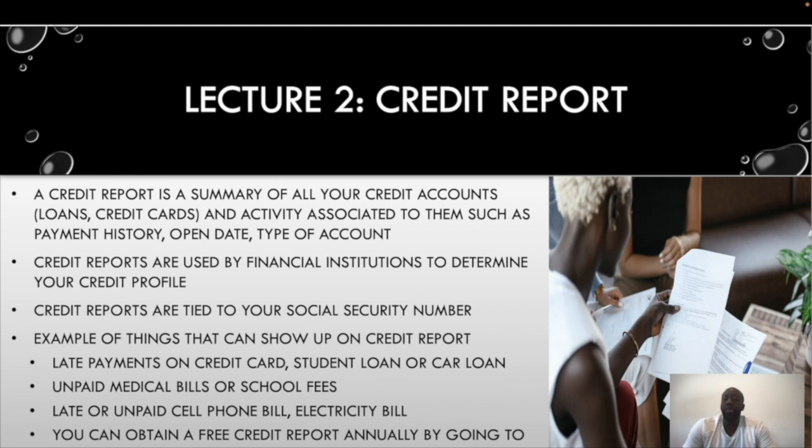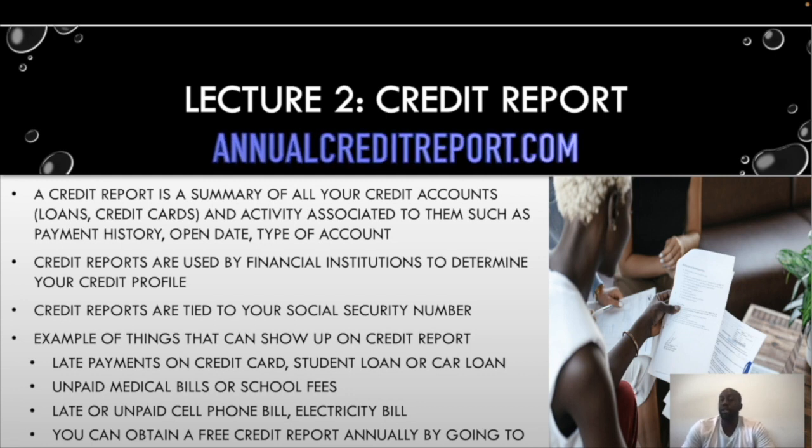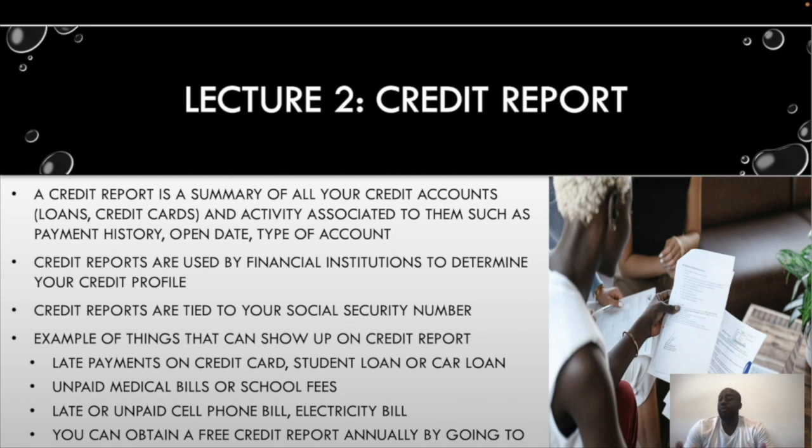In most cases, you can obtain a free credit report by going to annualcreditreport.com. And so you can go to the website, you can type in your name, social, address, and most likely you can find a credit report that can show you exactly where you are in terms of credit right now.